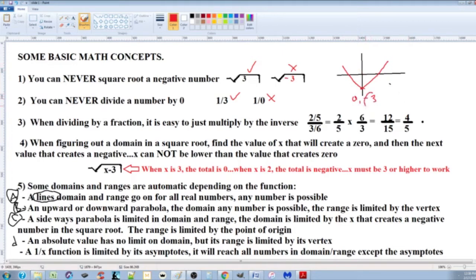So I know my y value is minus 3 and upwards, so y must be bigger or equal to minus 3. So just finding the vertex is important. And again, that will be revealed in the formula. You can also have them facing downwards, in which case your y's will always be smaller or equal to whatever the vertex value is. Again, we can go into more detail if you want.